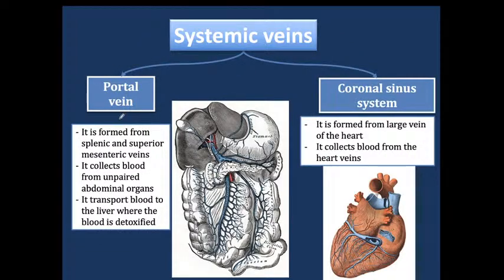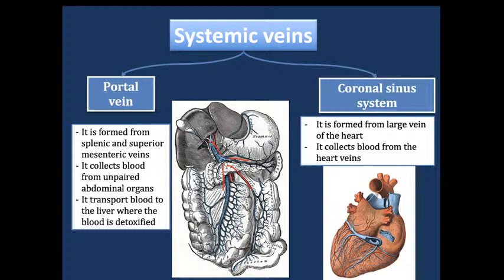The portal vein system is formed from the splenic vein and the superior and inferior mesenteric veins. It collects blood from the unpaired abdominal organs to the liver.